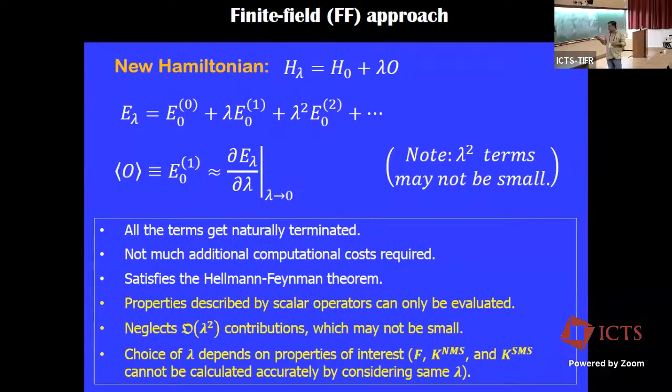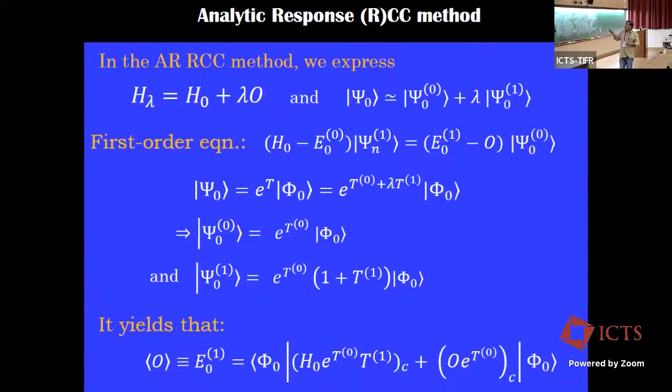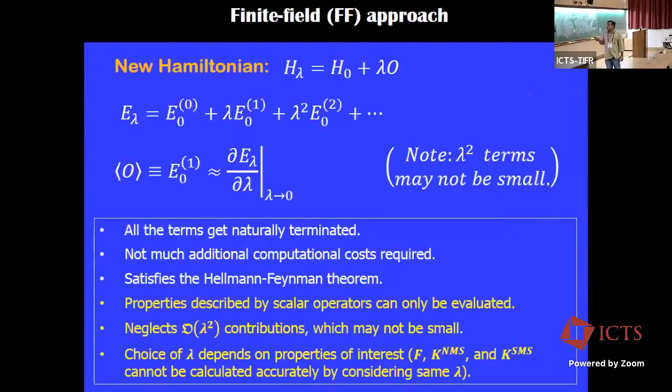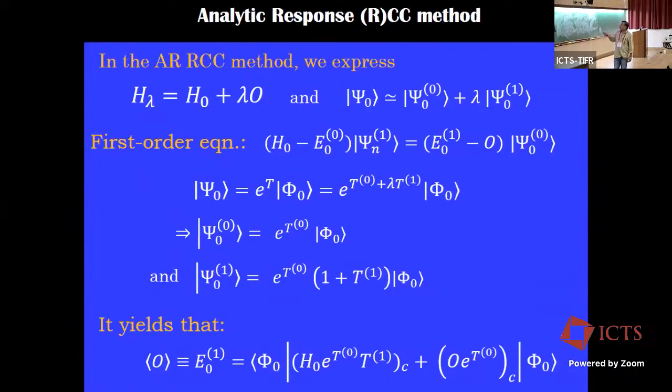I don't want to discuss those things in detail. But here we have proposed another method. The Hamiltonian can again be expressed the way we expressed it in the finite field approach, but the wave function we can express as a zeroth-order wave function plus a first-order correction. If you can solve this first-order perturbed equation, then you can get the first-order perturbed energy.